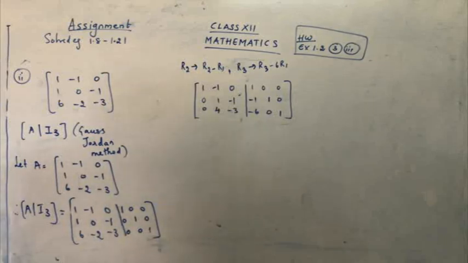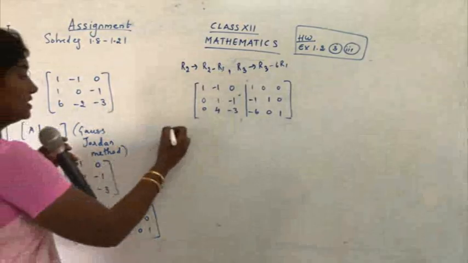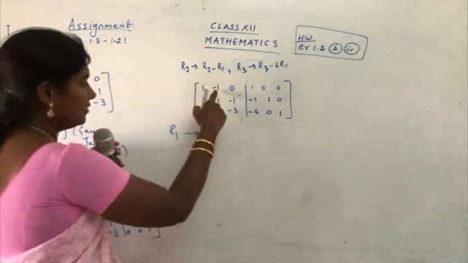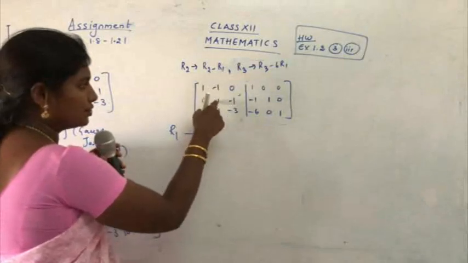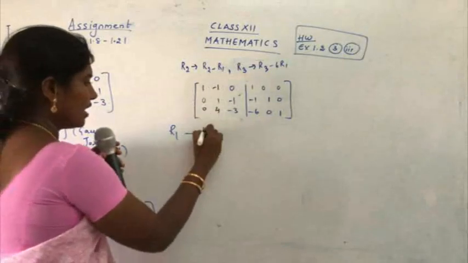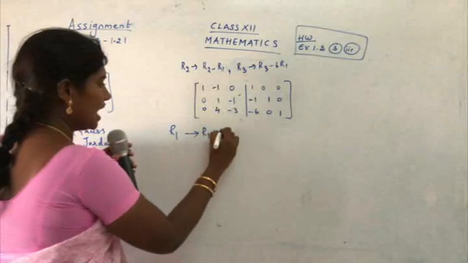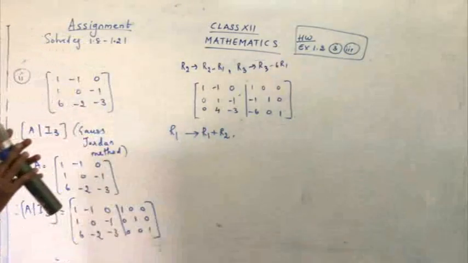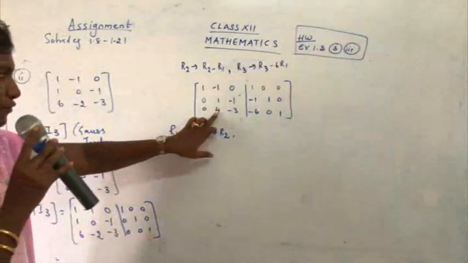So how can we make it as 0? For the first one, you see here carefully, R1 will change to R1 plus R2. If I add this 2, I'll get the answer 0. So R1 changes to R1 plus R2. Then we have to change one more thing. In place of 4, I need 0.